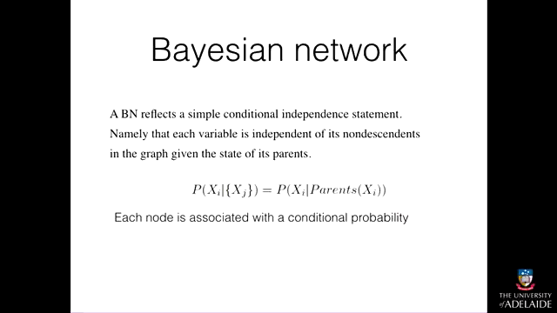X, Y, Z. So the conditional probability of Z given Y, X will equal P(Z|Y), which means that given the parent of the random variable we care about, in this case Z, its only parent is Y, right? So given Y, its conditional probability will not be affected by the remaining world.